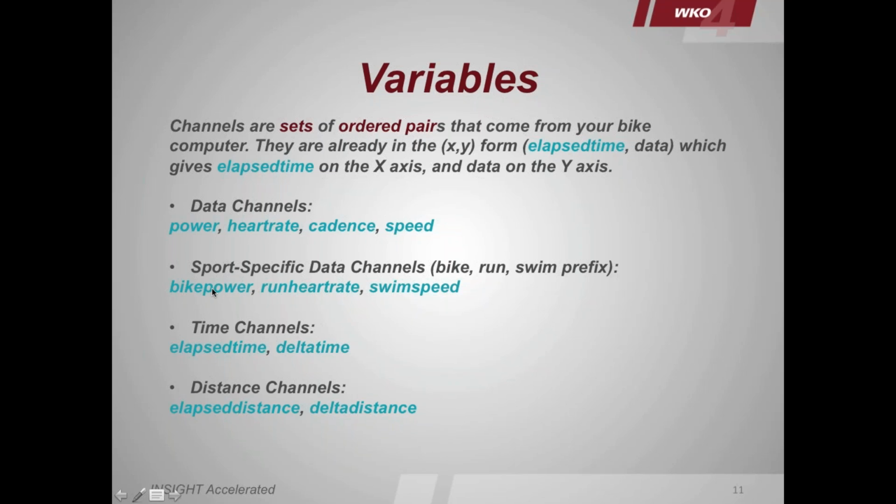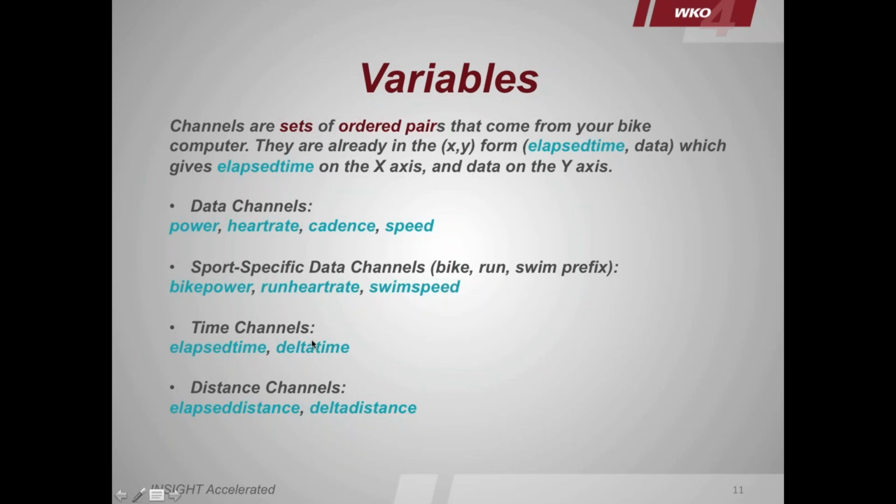One of the things that really seems to mess things up is that now that we have running power, we're finding you can't mix running power and bike power, so we've spent a lot of time reworking our charts to have bike-only charts that use bike power and run-only charts that use run power. But you can do the same thing with heart rate or speed if you want to target a specific sport type without having to resort to more complicated if functions. You just prefix the channel name with the sport type.